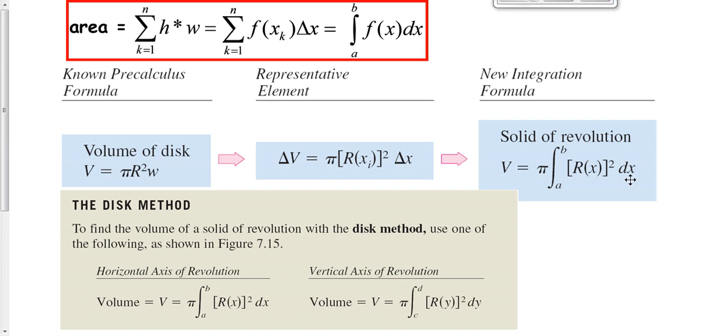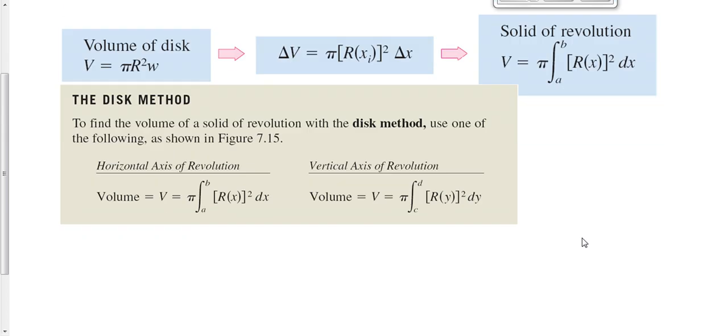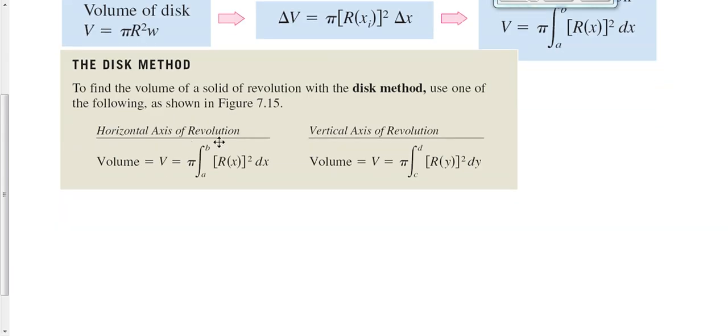The dx, the delta x, is your dx. The radius is related to our function going from our axis of revolution out to the edge of our function that we're revolving. And then we have our pi in front. If you have a horizontal axis of revolution, you're dealing with x's. If you have a vertical axis of revolution, you're going to be dealing with y's.